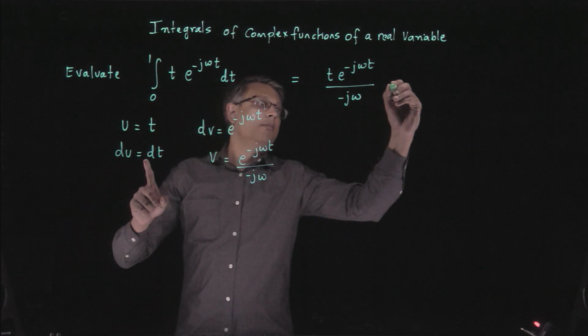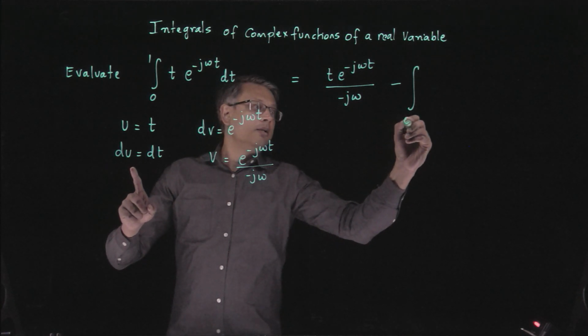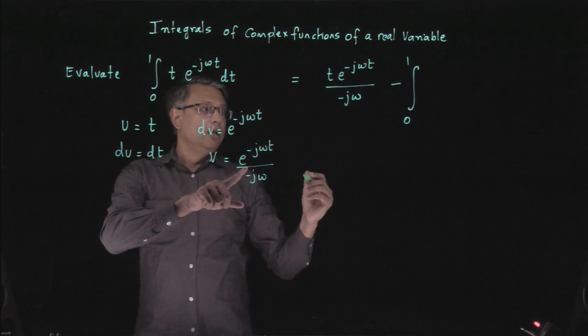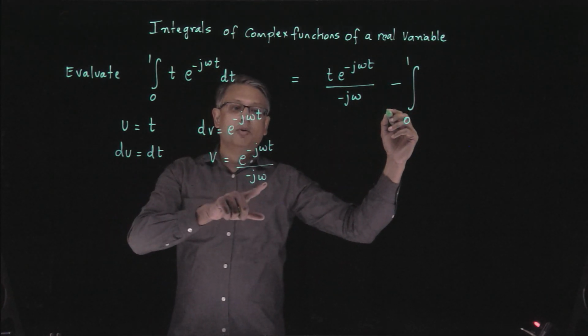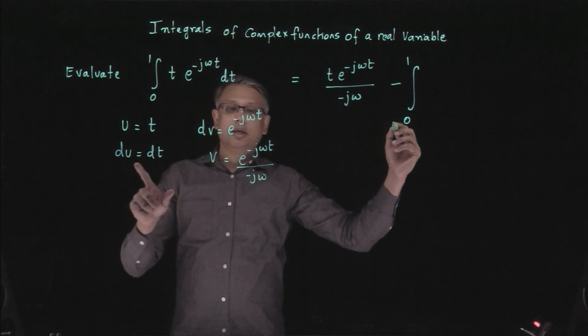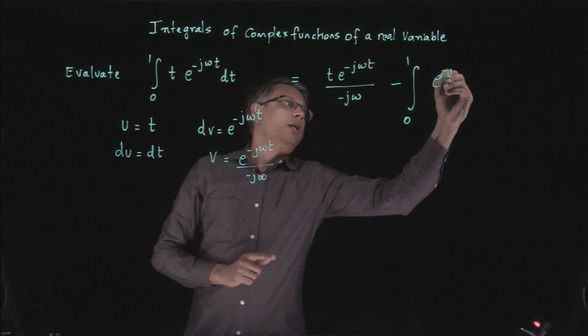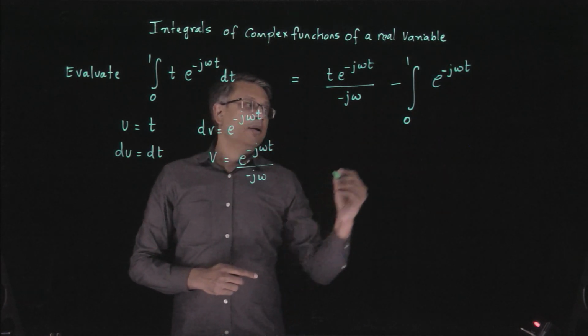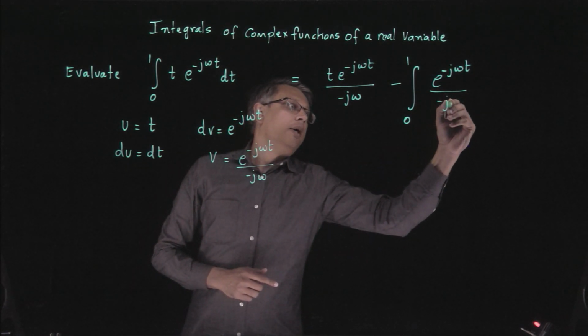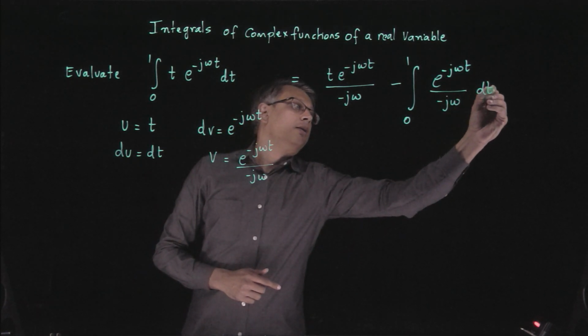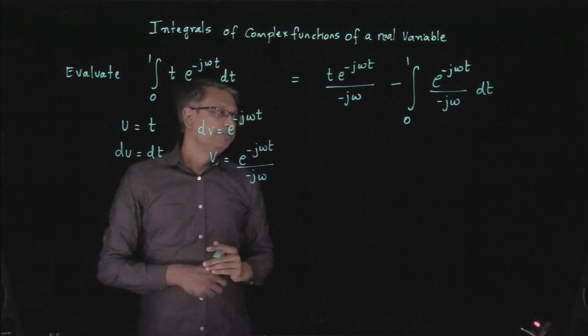So we get minus the integral of v, which is e to the negative j omega t divided by negative j omega dt.